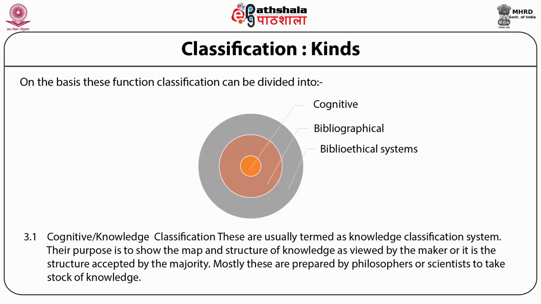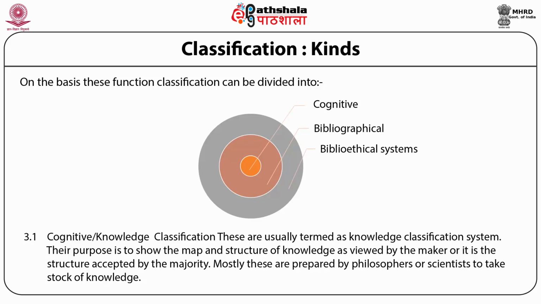Cognitive classifications are the map of the knowledge as seen by that time. But it may be noted that this cognitive structure of classification varies from time to time and culture to culture. What the DDC represents as a cognitive structure is no more valid in the 21st century, for example.